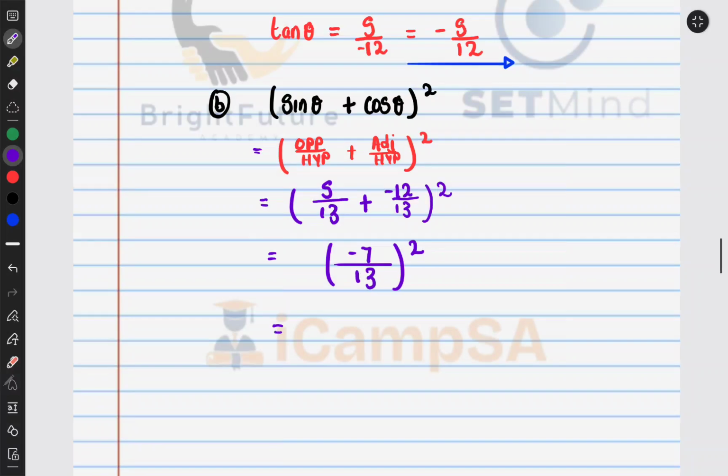Okay, let's square this. What is the square of 7? It's going to be positive 49, and then the square of 13 is 169. So 49 over 169. Okay, and there you have it. That is your final answer.